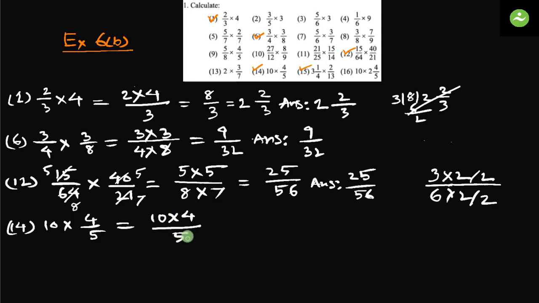Whenever possible, we will reduce the fraction. How? 10 is a multiple of 5 and 5 is a multiple of 5, so we can divide by 5. Divide 10 by 5, we get 2. Divide 5 by 5, we get 1. So 2 into 4, and the denominator is 1, means it will be a whole number. 4 into 2 is 8. So the answer is 8.